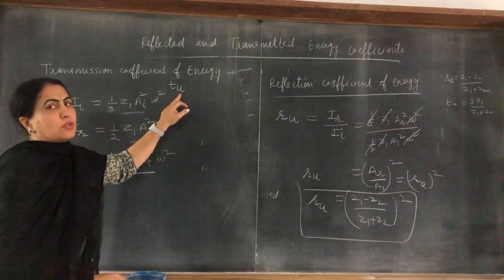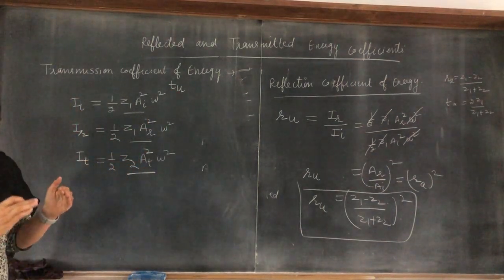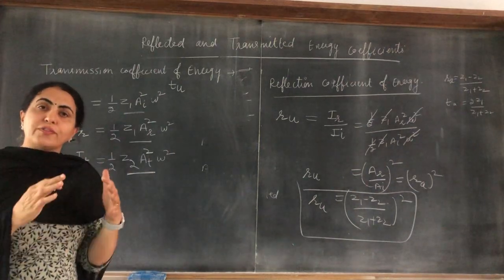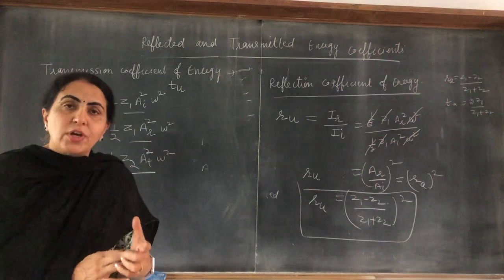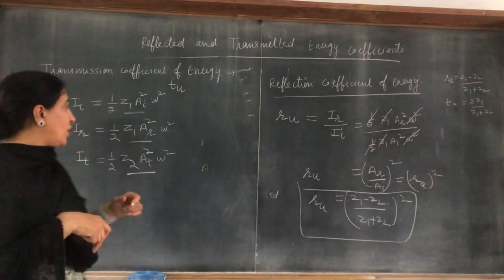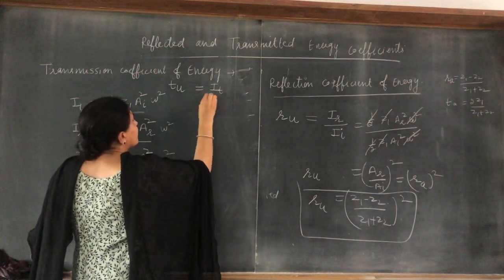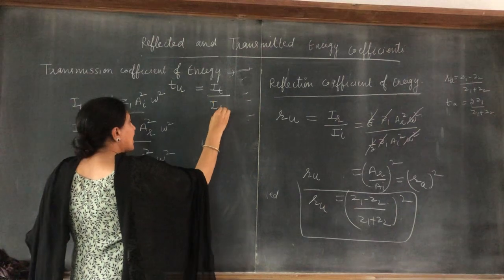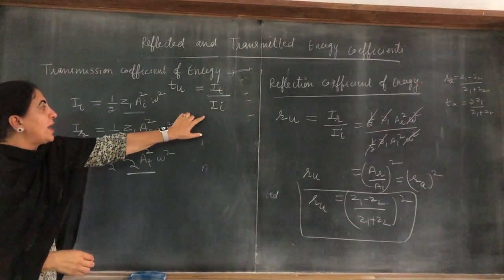T for transmission, U for energy, and it is defined as the ratio of the intensity of the transmitted wave to the intensity of the incident wave. Or you can say this is the ratio of IT upon II. Clear?